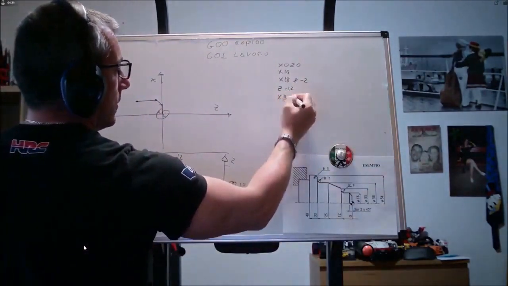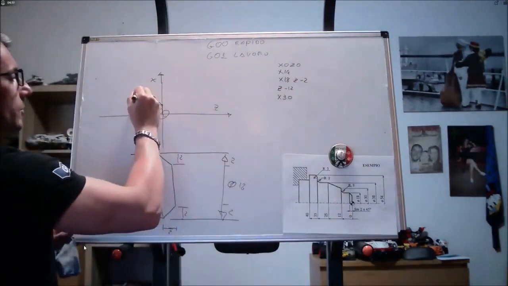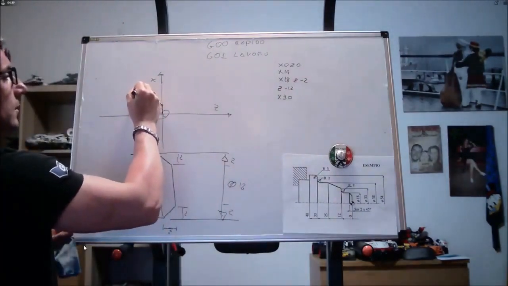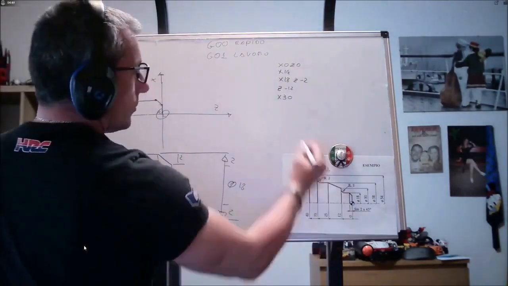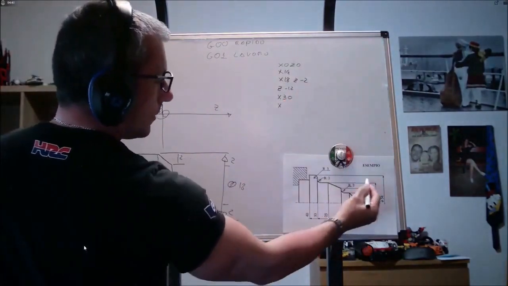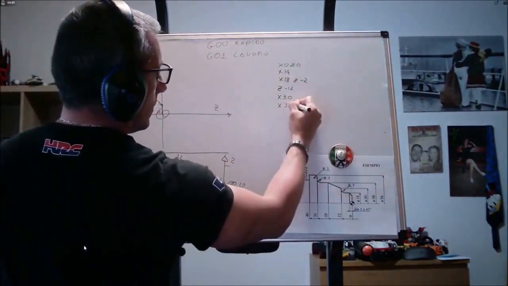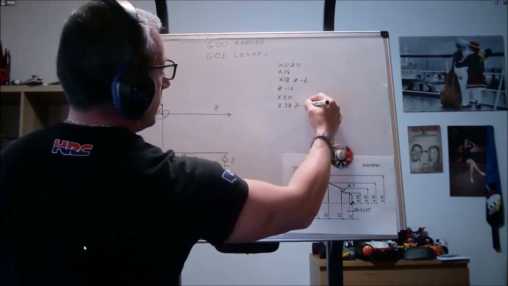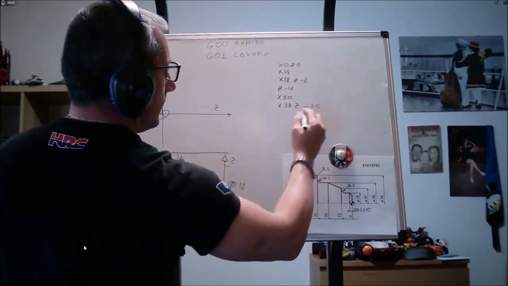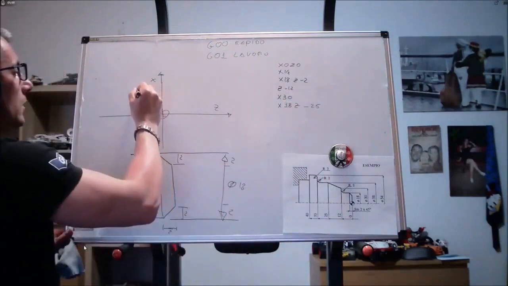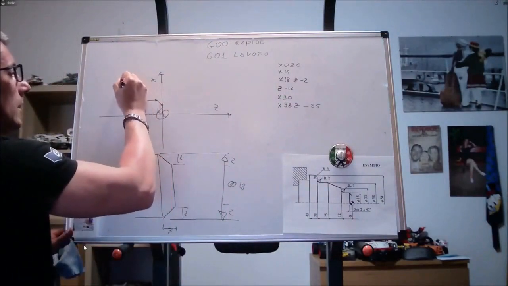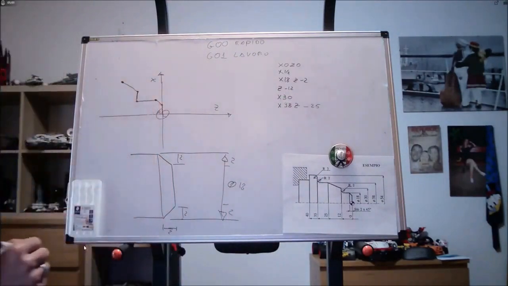X30. From 18 I rise. Without putting any coordinate in Z, it rises vertically. Now, two coordinates, so X38, Z minus 25. Inverting the two values produces the same effect, so by putting in two coordinates, the machine moves obliquely.